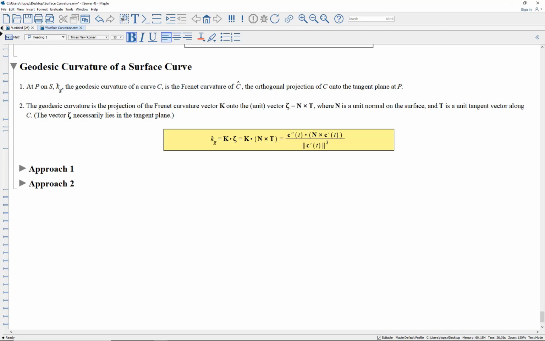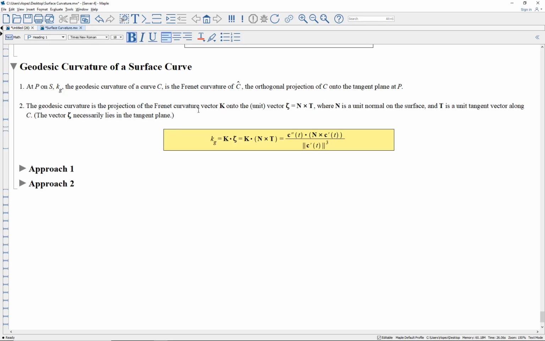There are two different definitions given. This will be the symbol, kg, geodesic curvature of a curve. It's the Frenet curvature of C hat, and C hat is the orthogonal projection of a surface curve onto the tangent plane. Here's another way of looking at it.